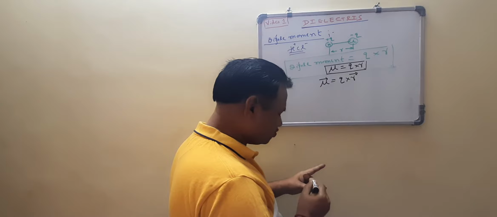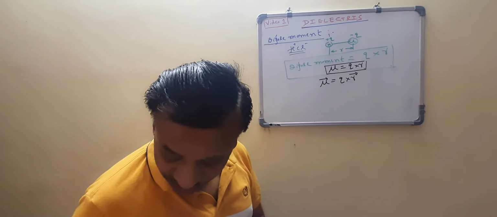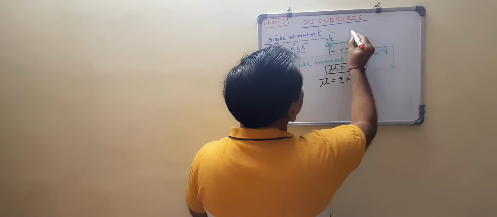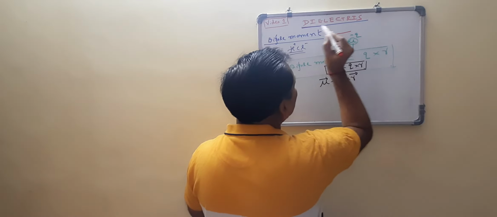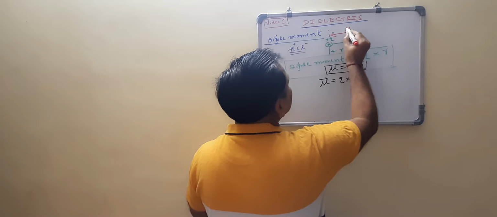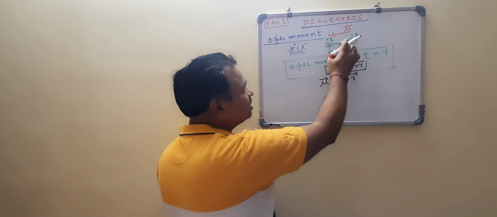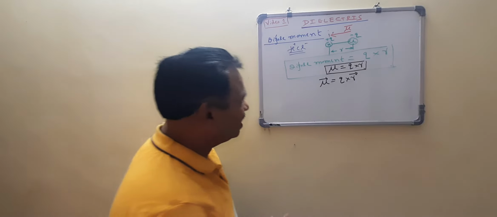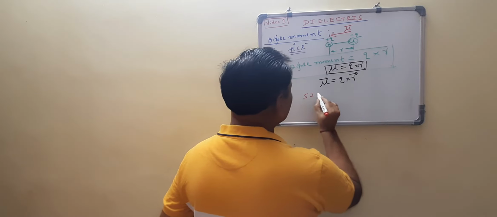Then you will ask, what is the direction of the dipole moment? The direction of the dipole moment is always represented from negative to positive. This is mu bar, from negative charge to positive charge.